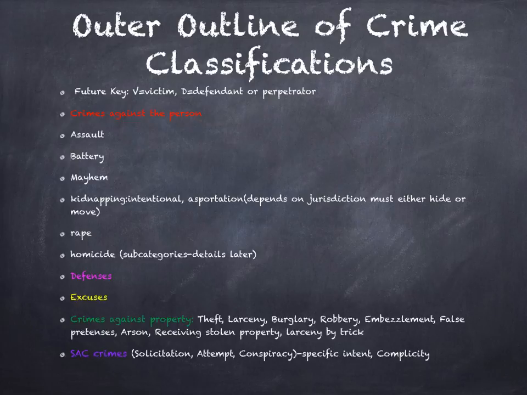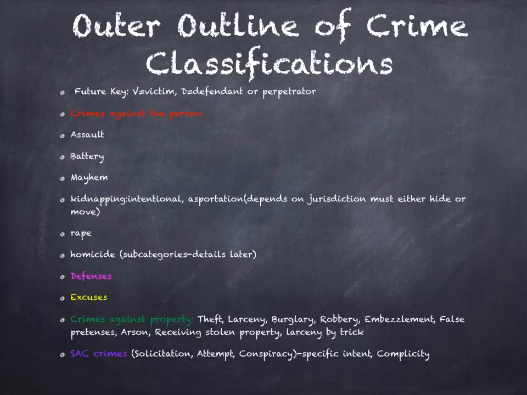Now, the outline of crimes classification. Okay, so the keys on the top for future checklists that will be more detailed: crimes against a person, assault, battery, mayhem, kidnapping, rape, homicide, and the defenses, the excuses.